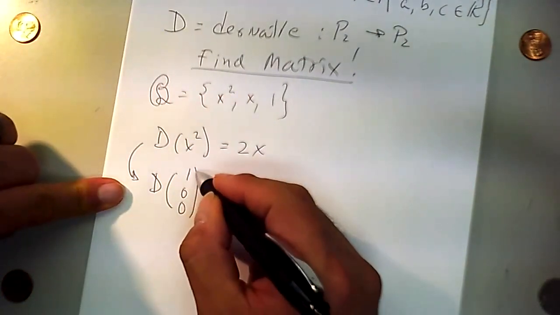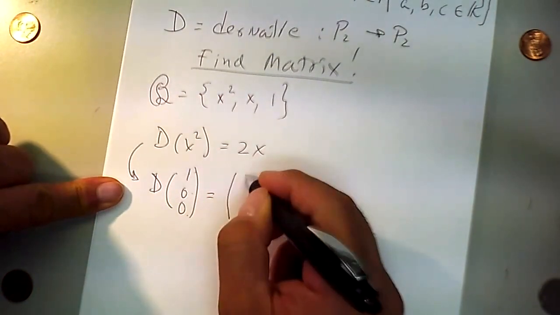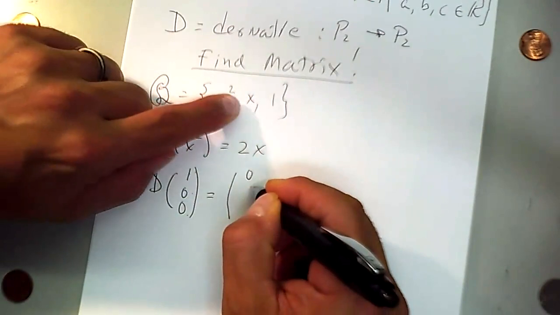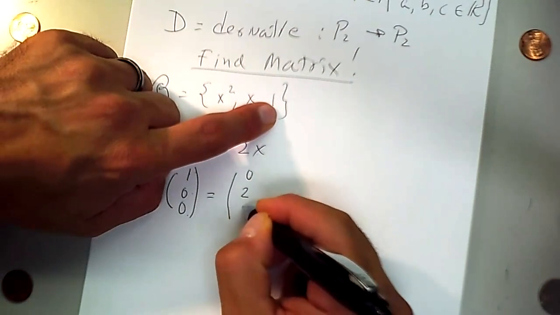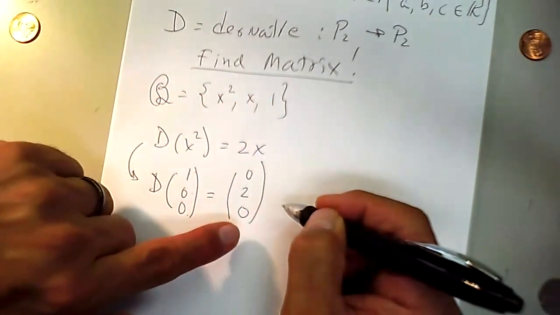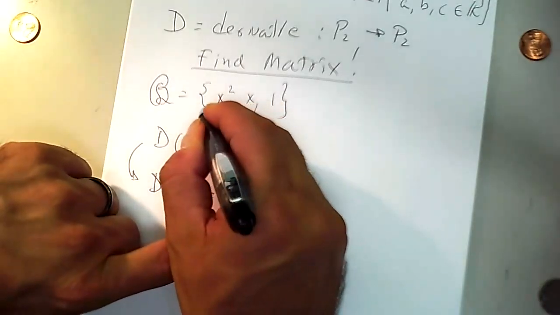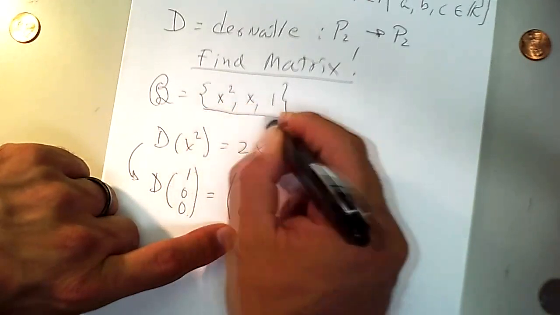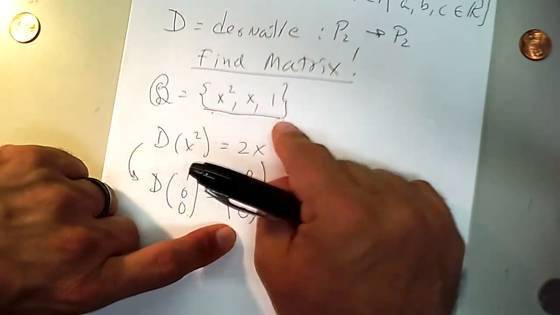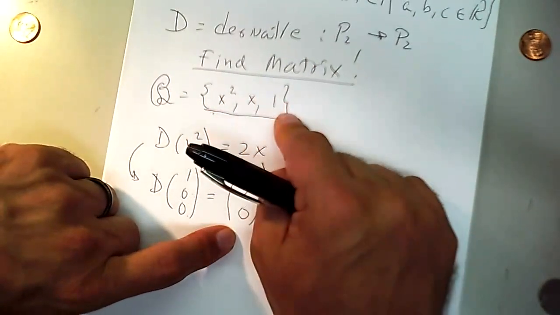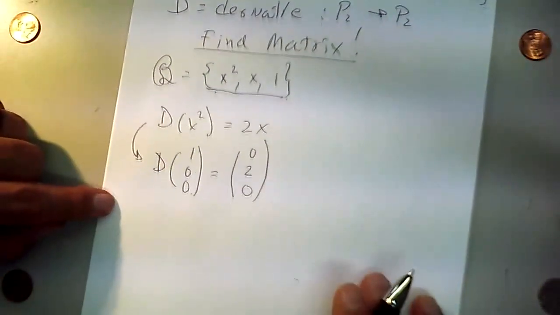The derivative of 1 x squared, no x, and no constant is 2x, which is no x squared, 2 x's, no constant. This is the first column of our matrix. Now we're assuming the base is in this order. So once we come up with an order for the base, we have to stick with that base order: x squared first, x, 1. If we reverse that, then the columns have to be reversed. So keep an eye on that.